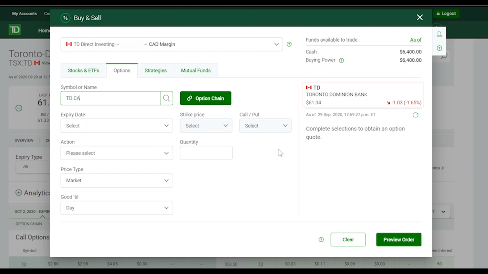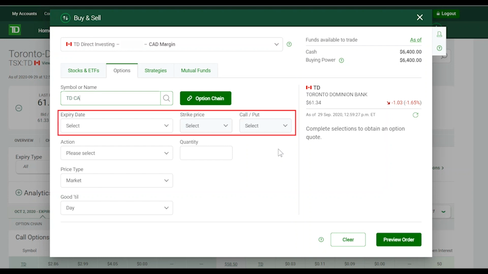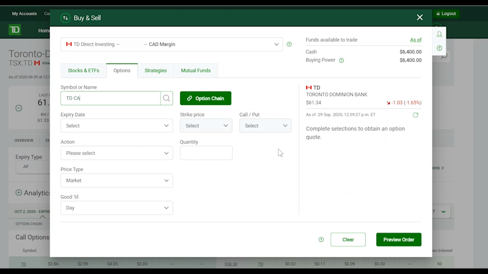Notice the quote comes up on the right of the stock itself. In order to enter in the option that you'd like to trade on this stock, you can manually choose your expiry date, strike price, and call or put selection through these drop-down menus. You can also click on the option chain right next to the symbol box.